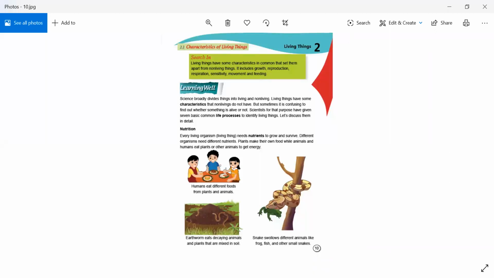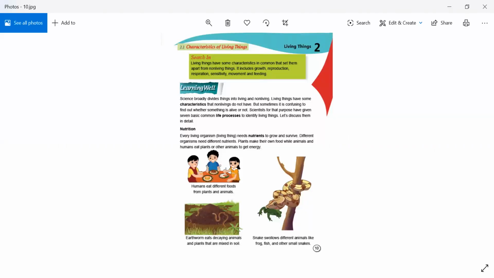We human beings, animals, plants and other organisms, they are called living things, or we can call them living organisms as well. So what they need is they need nutrients to grow and survive. They need some food, they need some nutrients to grow and to be alive.